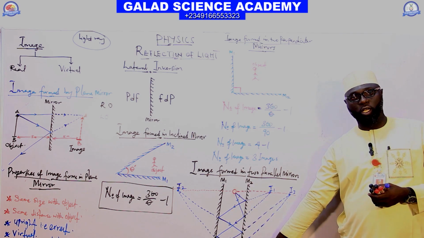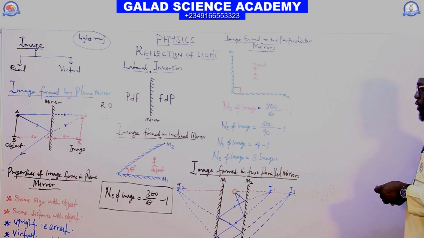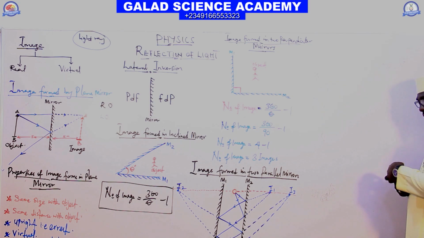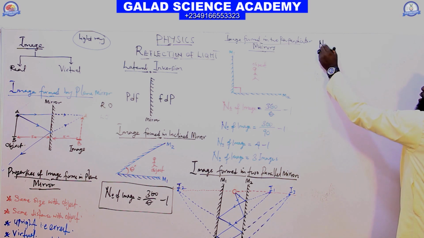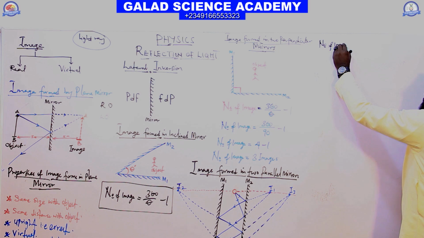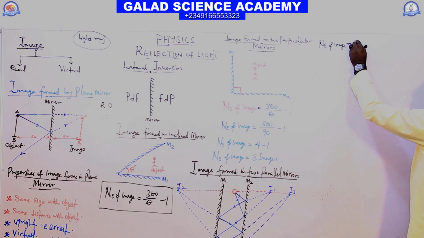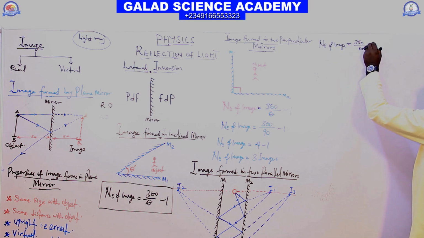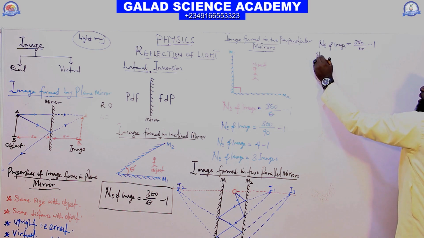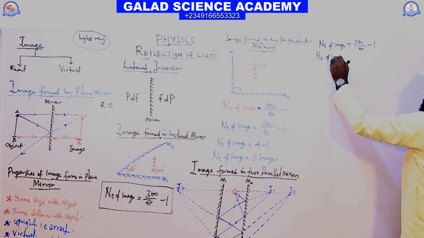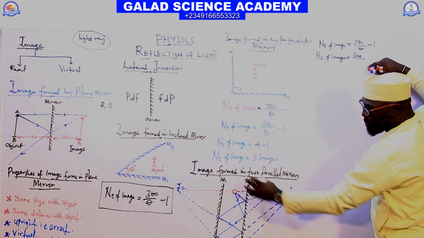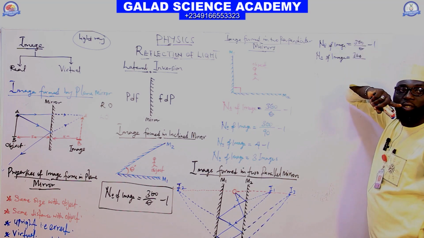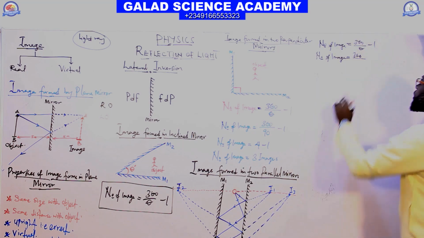So if you want to know the number of images formed here, you will use number of images equal to 360 over theta minus 1. What is the angle between two parallel lines? It is 0.